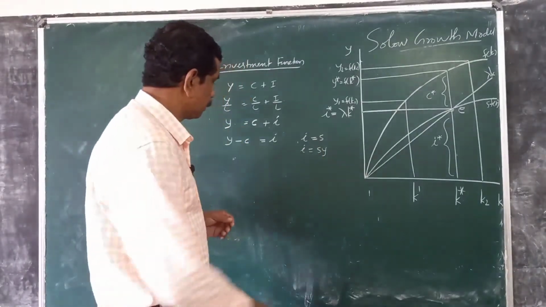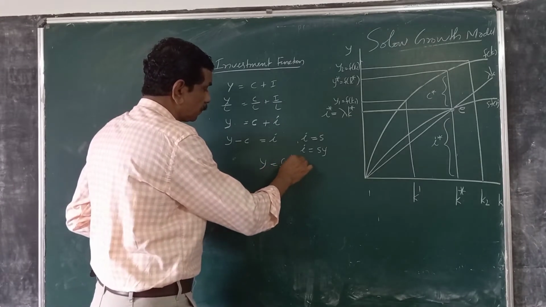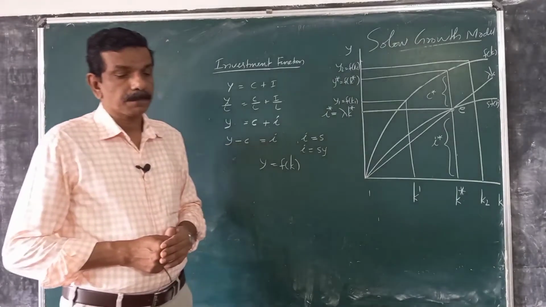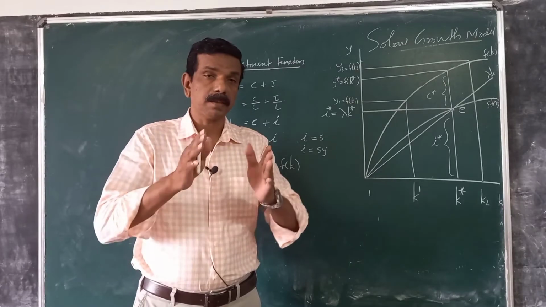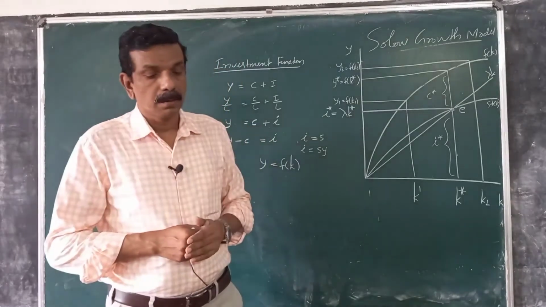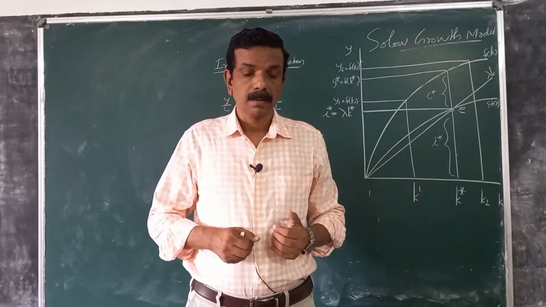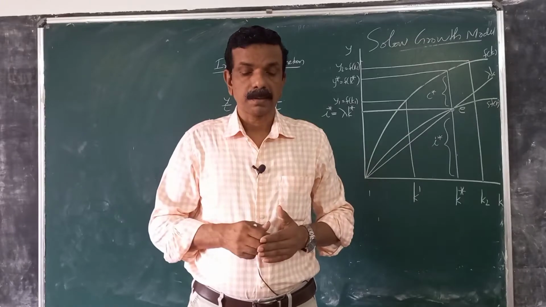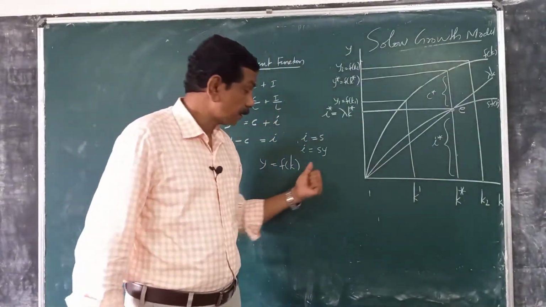Now, substituting this into the per worker production function, Y is equal to f of k, we get the investment function, which shows the relationship between per capita investment and per capita capital stock when investment is equal to saving.